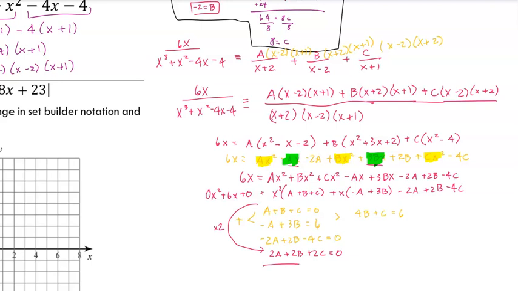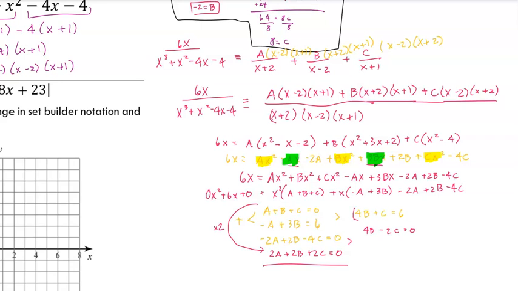Okay, and that's going to eliminate a. So 4b minus 2c equals 0.